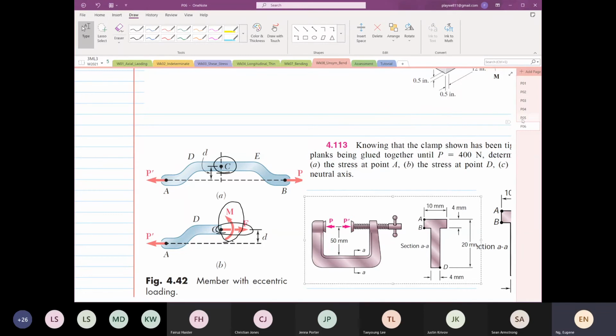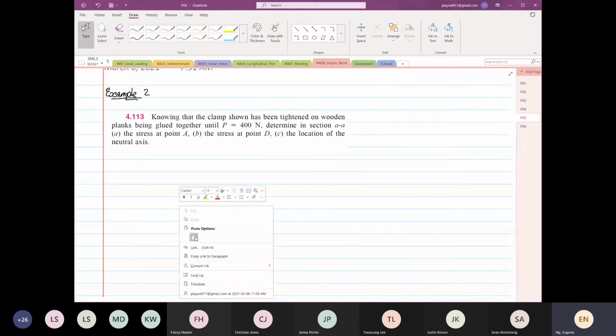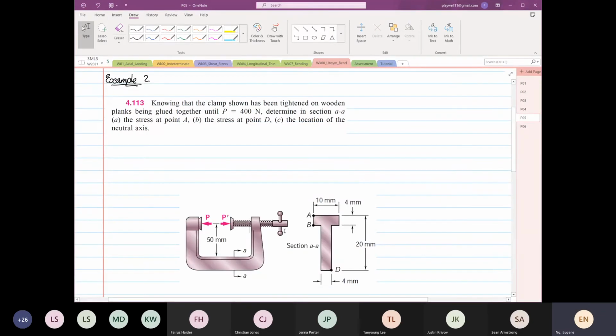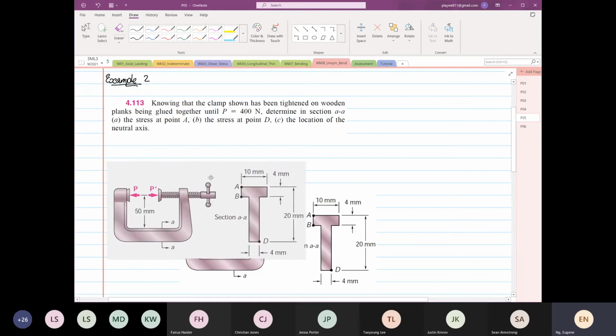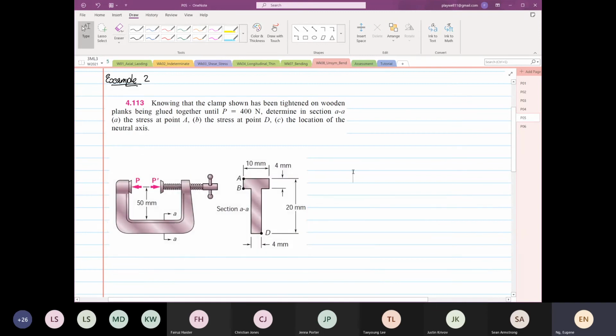I've done this problem from a different textbook before, and I made some really bad mistakes, and I found a way to stop making those mistakes. That's what I want you to learn.